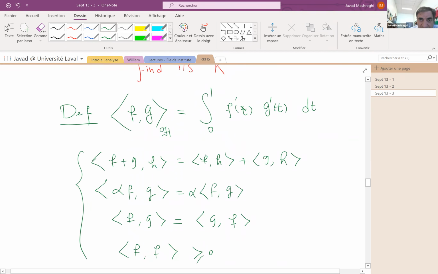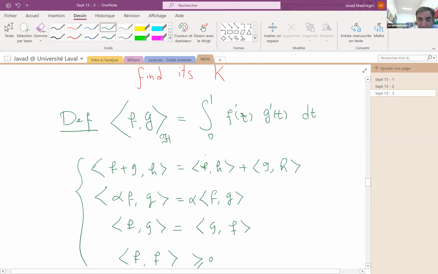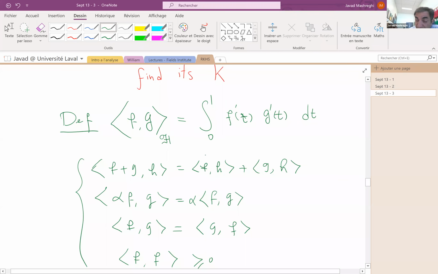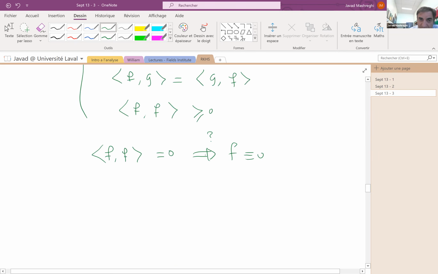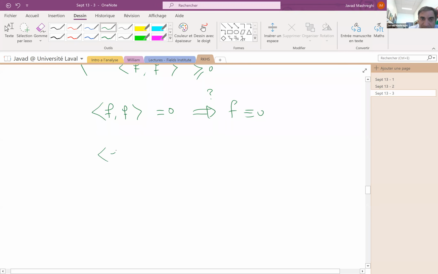Back to the definition, it's f prime. Attention, f prime is not continuous. That's a delicate point. I explain. The inner product of f with f is the integral from 0 to 1. Yeah, but by the boundary condition, f is continuous. Yes, absolutely.